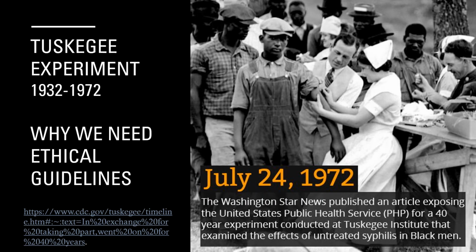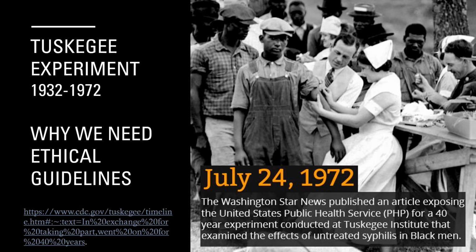The Tuskegee Experiment is an example of a longitudinal study that violated several ethical guidelines. So the participants were never really informed of exactly the nature of the experiment. So they didn't get informed consent. They told the participants a little bit about the study, but not enough for them to make a truly informed decision about whether or not they wanted to be involved.